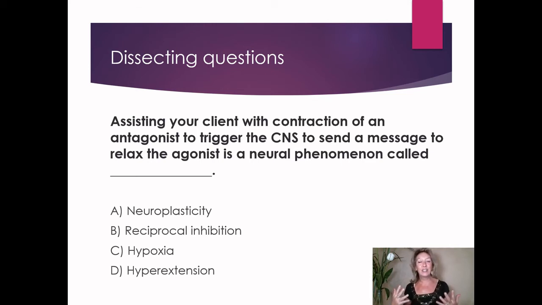So assisting your client with a contraction of an antagonist to trigger the CNS to send a message to relax the agonist is a neural phenomenon called blank. I know, crazy. Okay, so think about this. You're assisting your client with a contraction of an antagonist. So let's think about bicep, tricep.